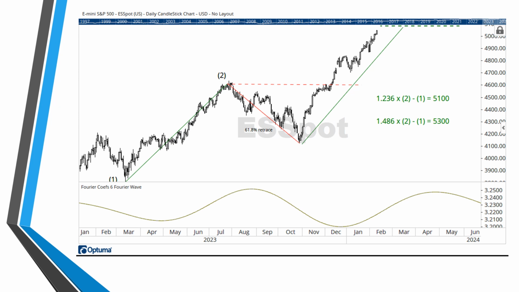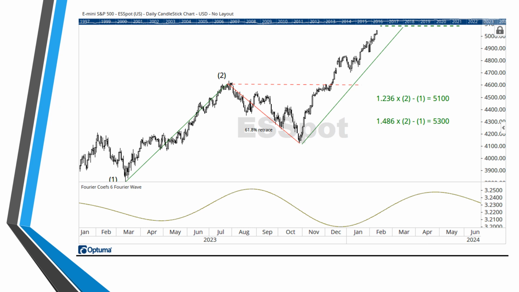Same thing on the S&P 500. If I take a look at what I'm going to call point number 1, which is the March 2023 low, the S&P rallied into July 2023, then it pulled back into October 2023. And so if I take the amount of rally from point number 2 to point number 1, and if I take a Fibonacci 1.236 times extension, that puts me at S&P 5100.